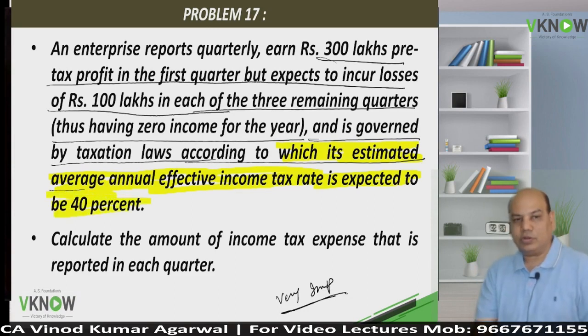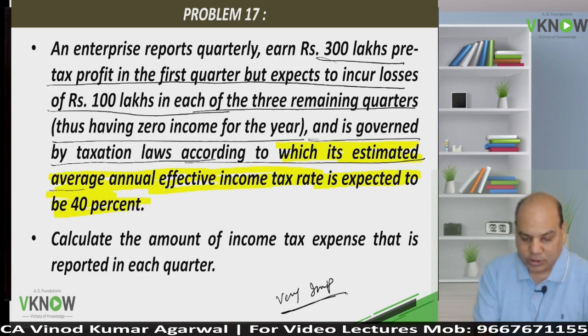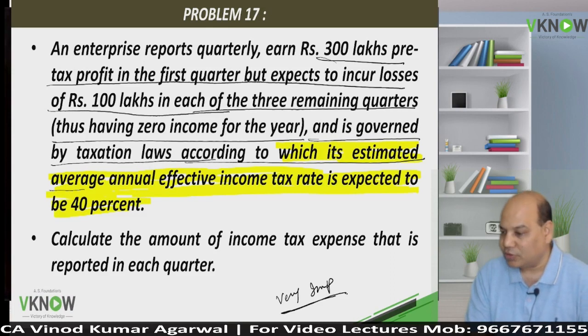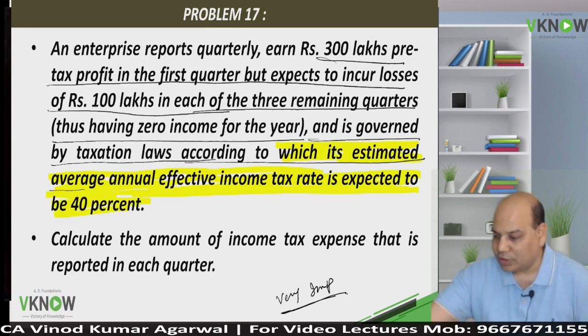So they have given you this average tax rate 40%. They have already calculated it for you. You don't have to use your mind and check how this was calculated.